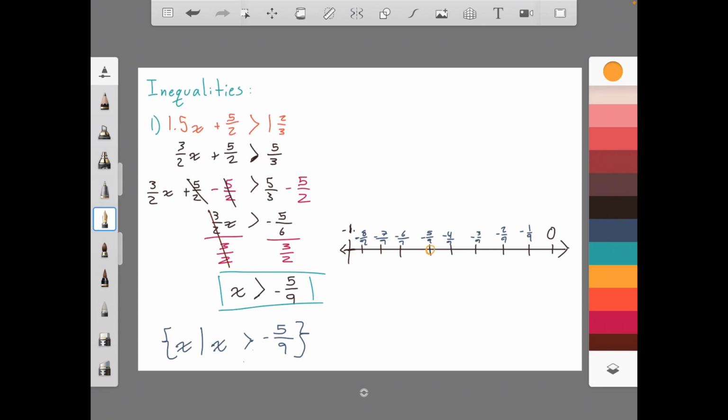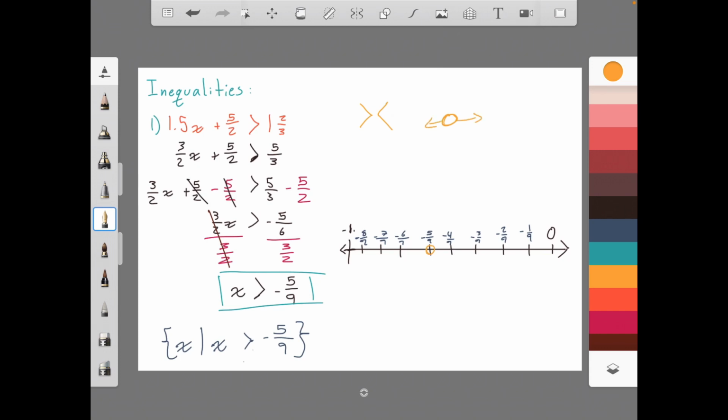Now the symbol depends a lot. So this symbol changes how we think of it. Whenever we have the greater than or the less than symbols, what we do in the number line is that we do this circle and we maintain it over there.